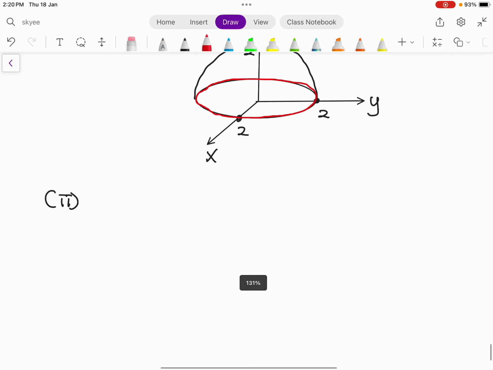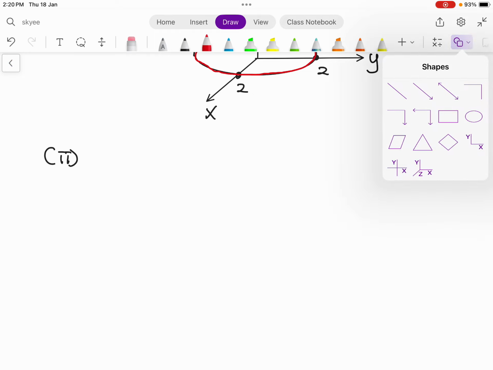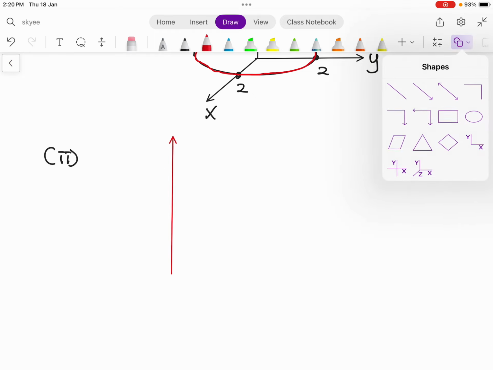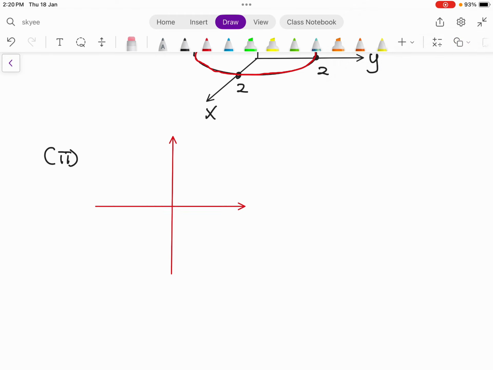It's a 2D graph, a circle. So label the point 2, 2. This one will be the xy projection.